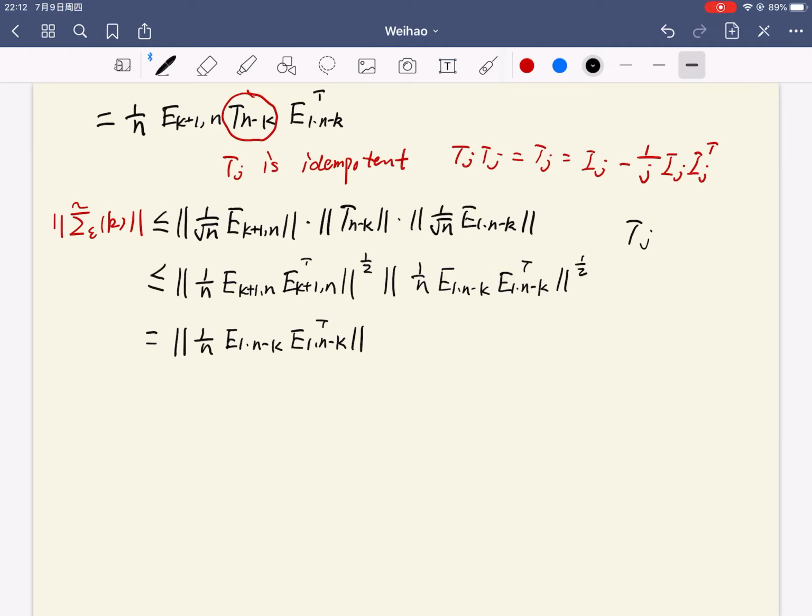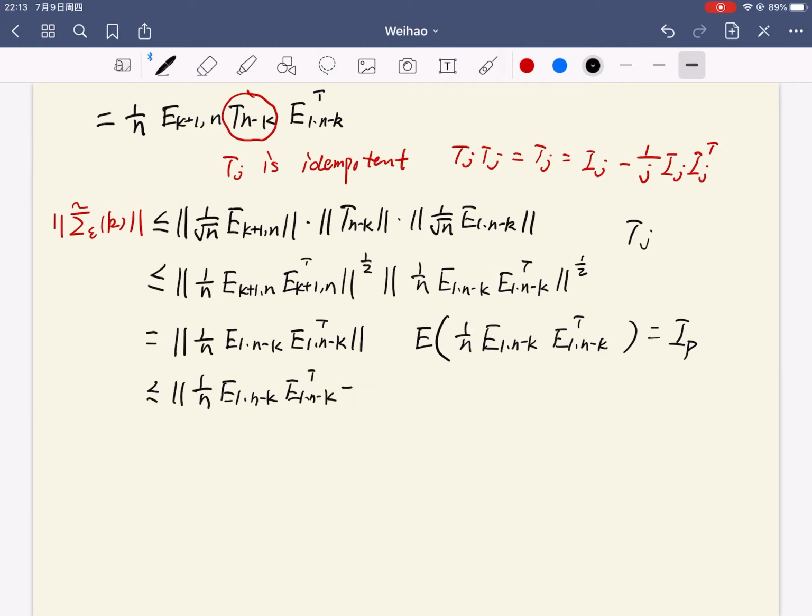Notice that the expectation of this matrix is the identity matrix because of the IID assumption. So we further rewrite it as follows.